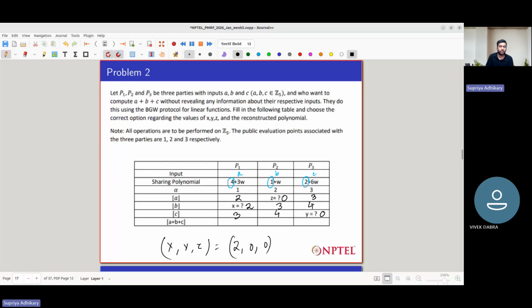Since this is a linear function, we can just add up all the values. So over here we will have 4, 7, so 2. This is also 2, and this is also 2. So the shares for P1, P2, and P3 are 2, corresponding to A plus B plus C.